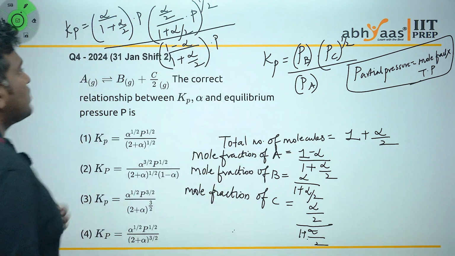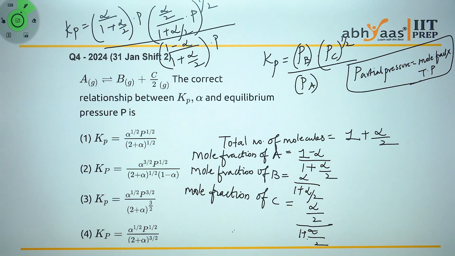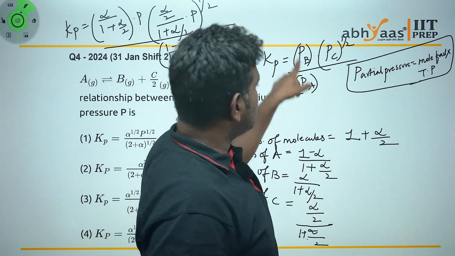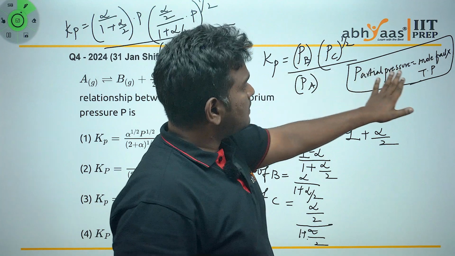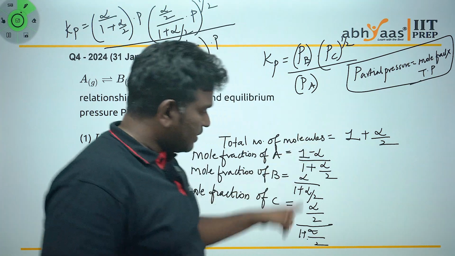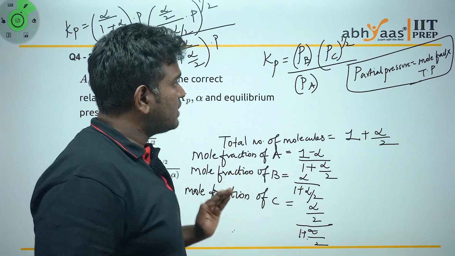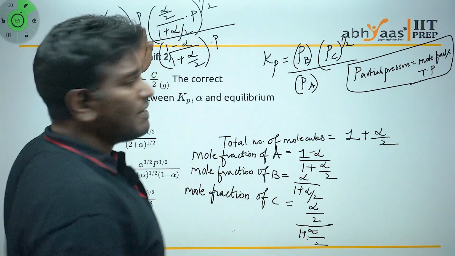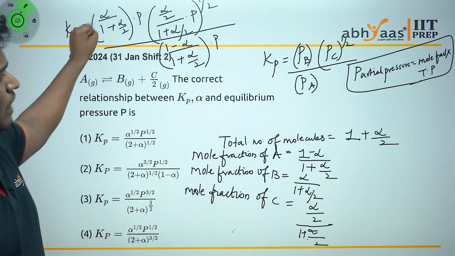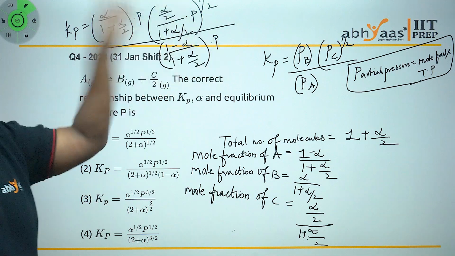Right. So I hope you understand what I have done in this particular step. We are having partial pressures PB, PC, PA. I can substitute each as mole fraction into total pressure. The mole fractions of A, B and C I have already written, into total pressure, which I have taken as P, right? So each value I have substituted based on that particular formula.